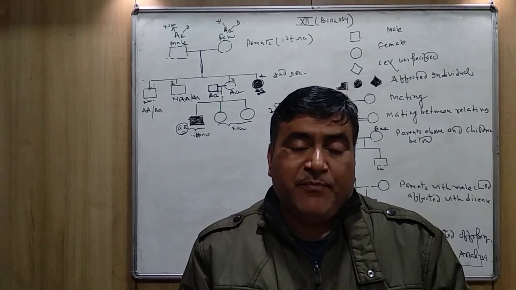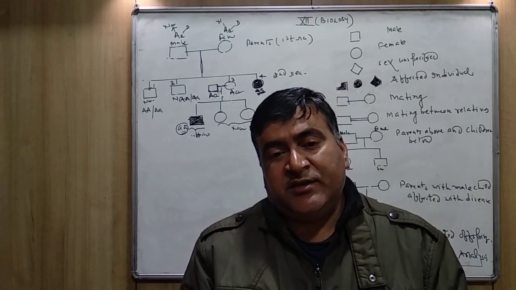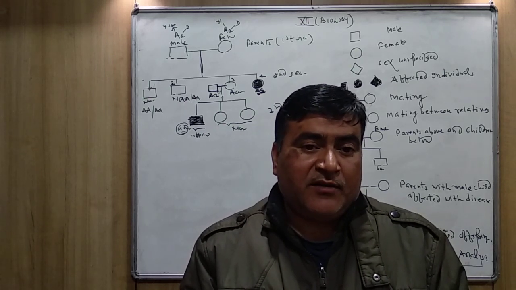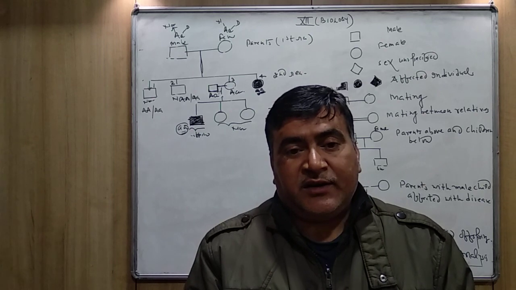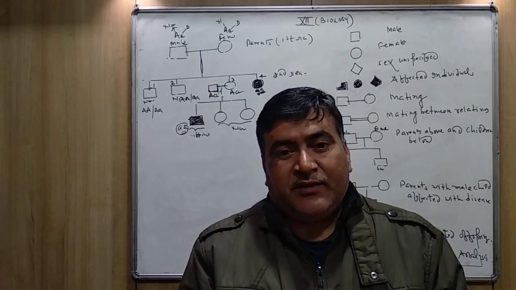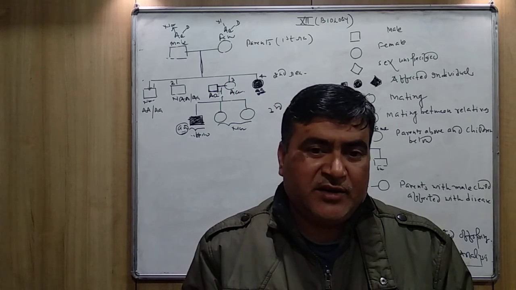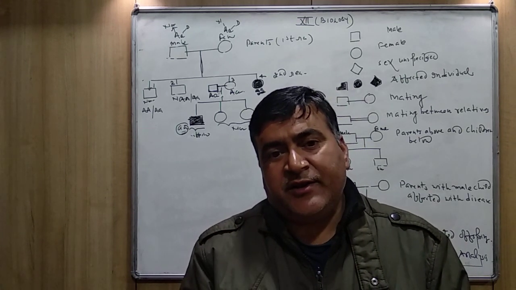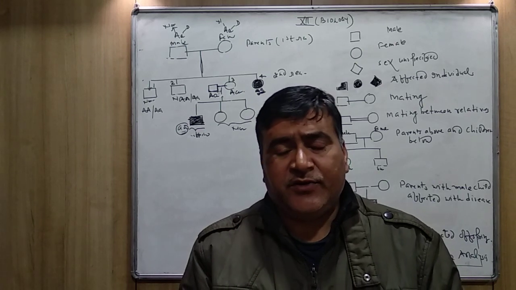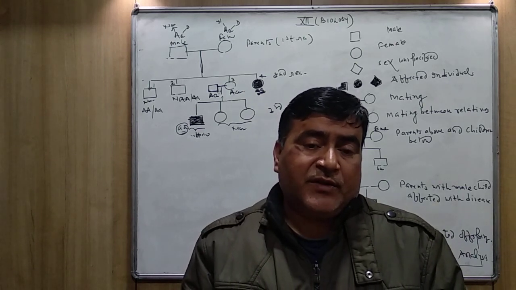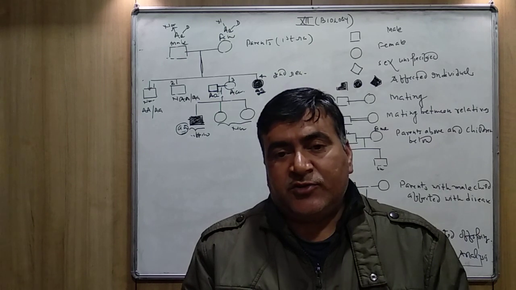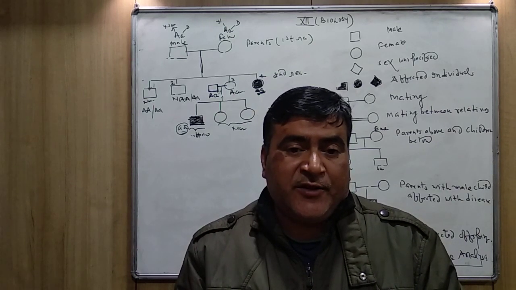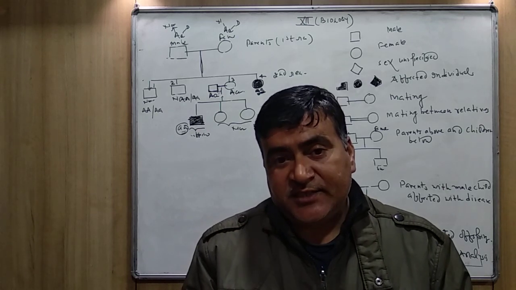The Mendelian disorders are caused by the process of mutation, like hemophilia, color blindness, or sickle cell anemia. So many disorders, whether recessive or dominant, may occur due to mutation. But the chromosomal disorders, as we have already discussed, occur due to non-disjunction.